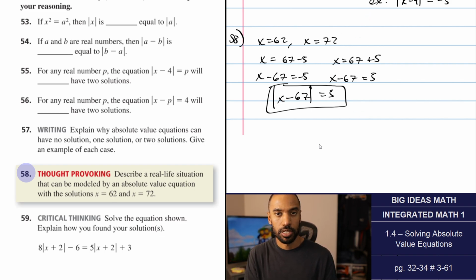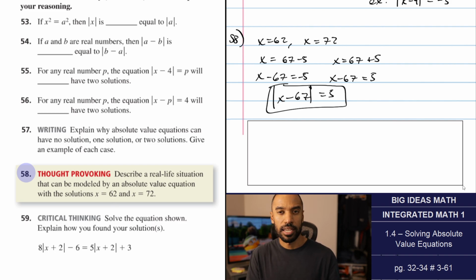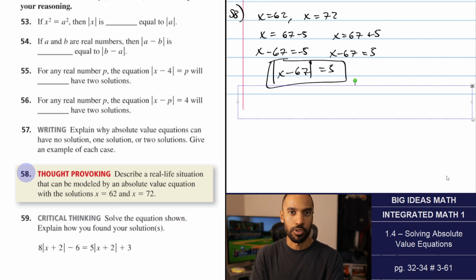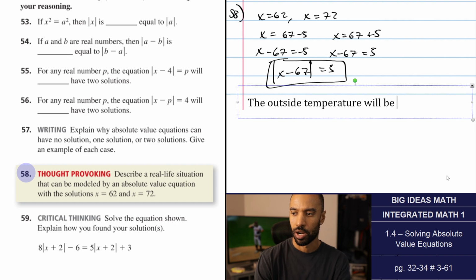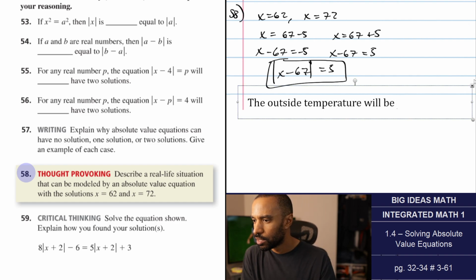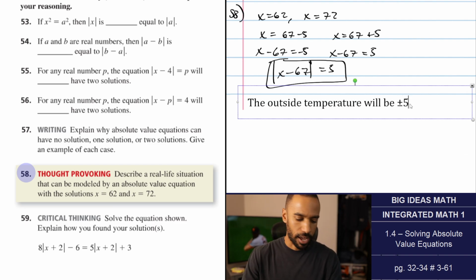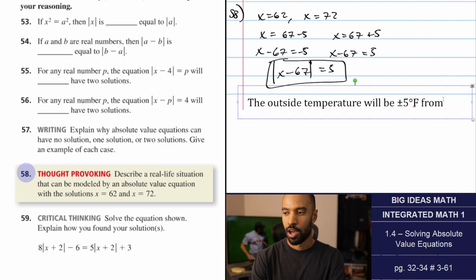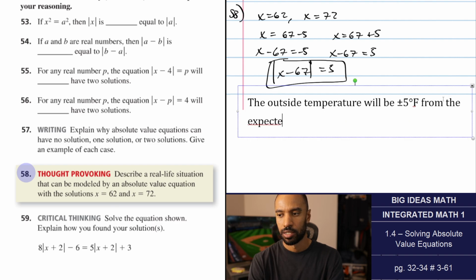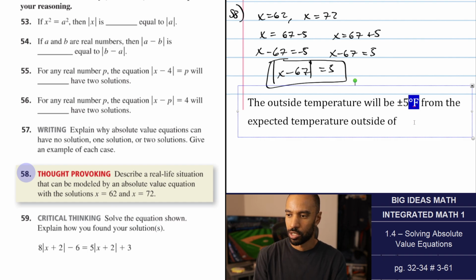The scenario would be 5 units plus or minus away from 67. How about the temperature? The outside temperature today will sway plus or minus 5 degrees Fahrenheit from the expected temperature outside of 67 degrees Fahrenheit.